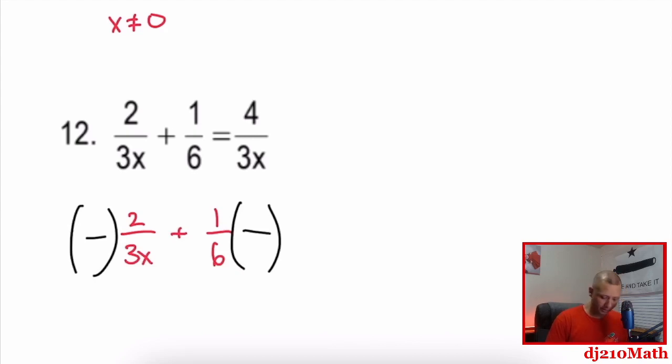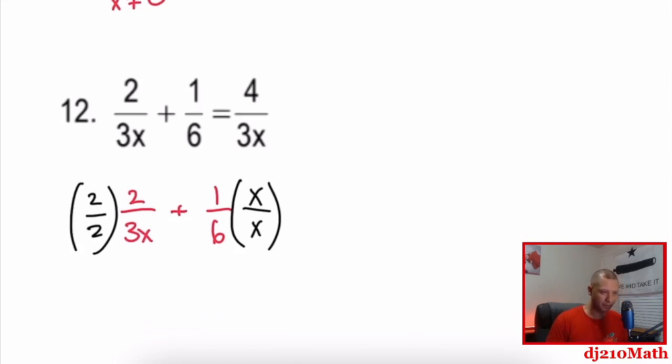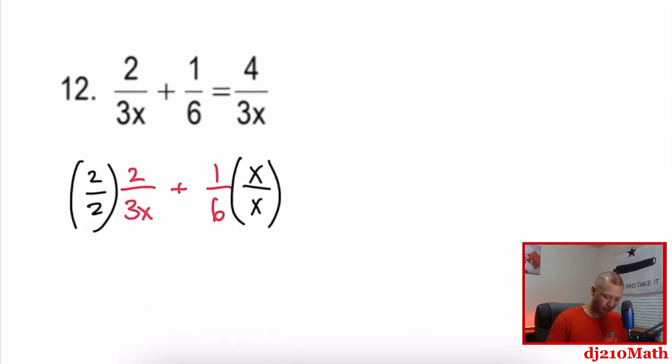Okay, I'm going to multiply the right-hand side by x, top and bottom. Multiply the left side by 2, top and bottom. So this is going to be 4 plus x over 6x equals 4 over 3x.